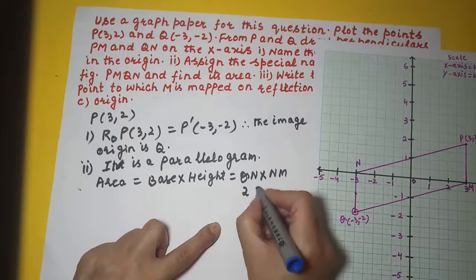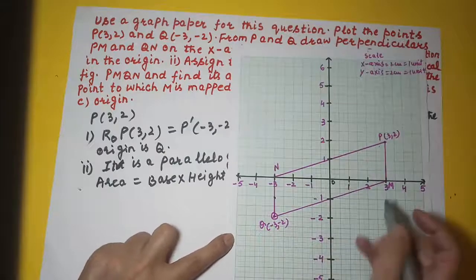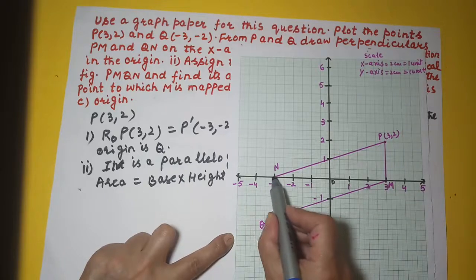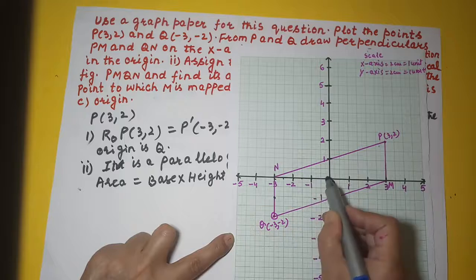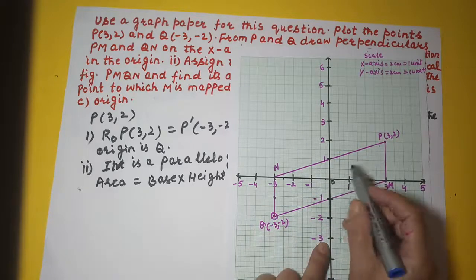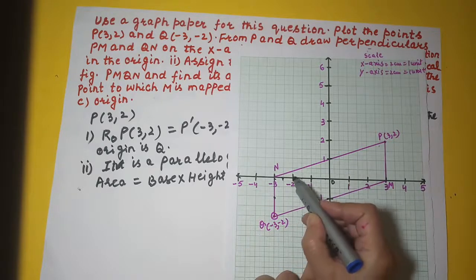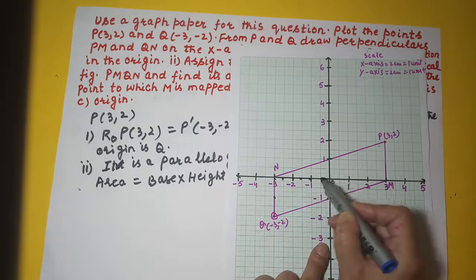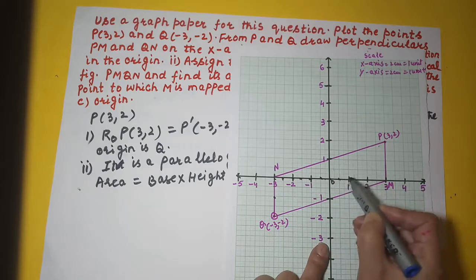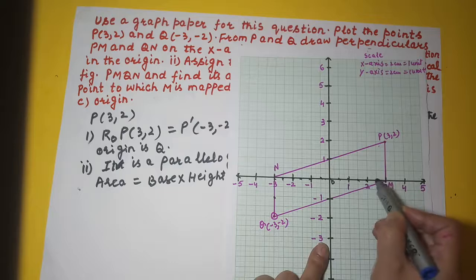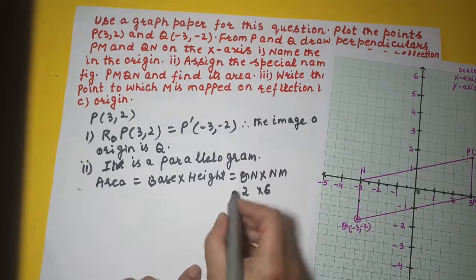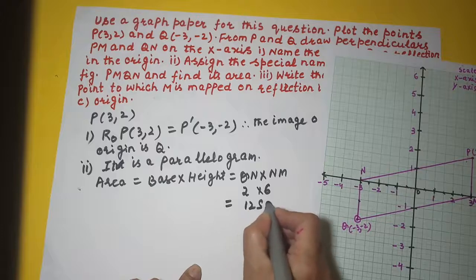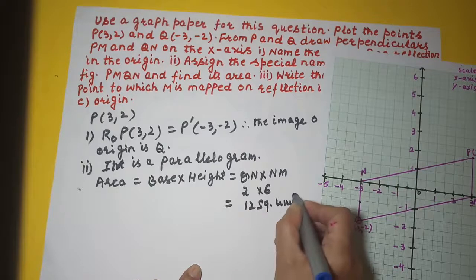And what is my NM? My NM is, you can just count it and then half that. 1, 2, 3, 4, 5, 6, 7, 8, 9, 10, 11 and 12. So half of 12 is 6. So that is 12 square units.